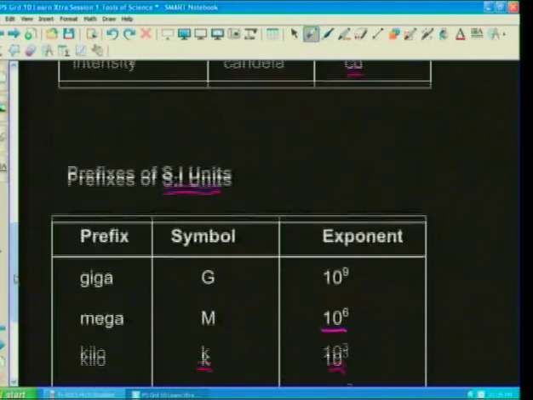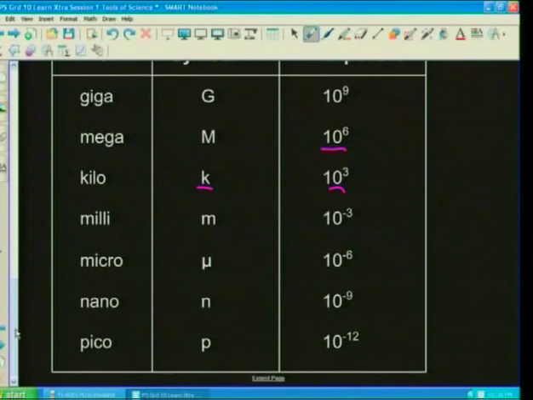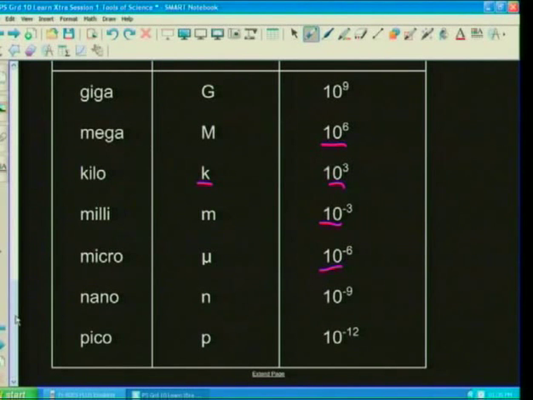So it works a little bit differently with mass. Milli is times 10 to the minus 3, and micro is 10 to the minus 6. Nano is times 10 to the minus 9, and pico is times 10 to the minus 12. You'll notice that each of these is a 1,000 difference, so we'll be able to work through those.